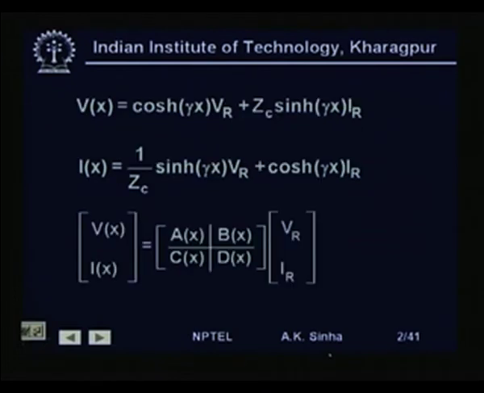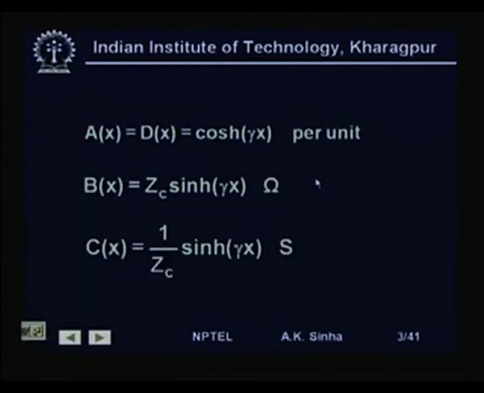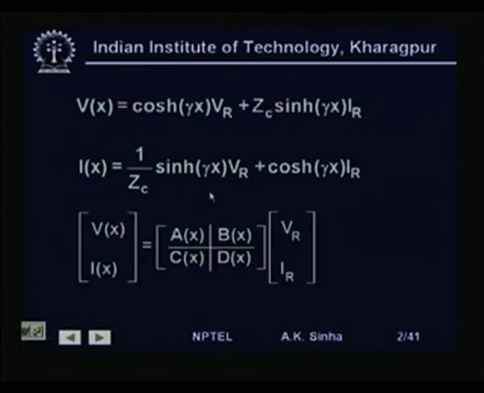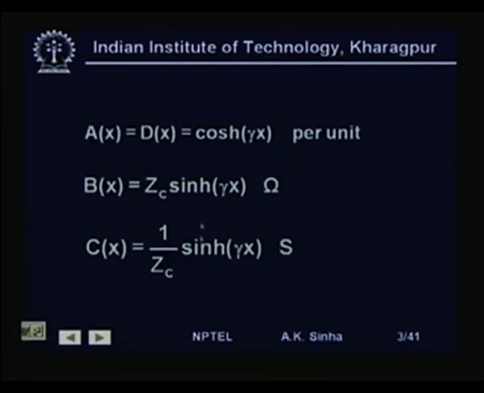In this relationship, this is your Ax and this is your Bx, this is Cx and this is Dx. So, Ax is equal to Dx is equal to cos hyperbolic gamma x, Bx is equal to Zc sin hyperbolic gamma x, Cx is equal to 1 by Zc sin hyperbolic gamma x, and Dx, as we have already seen, is equal to Ax.